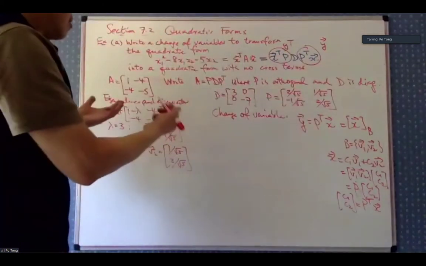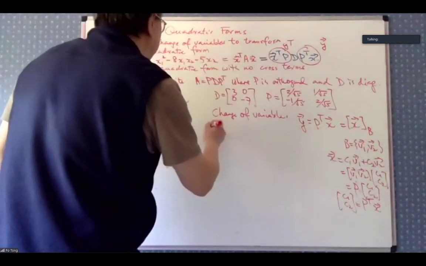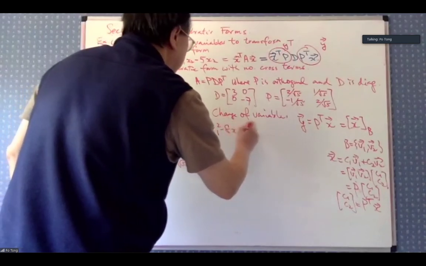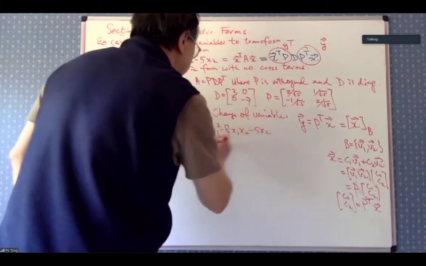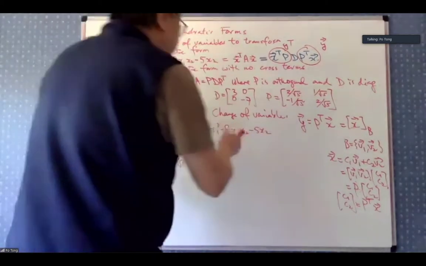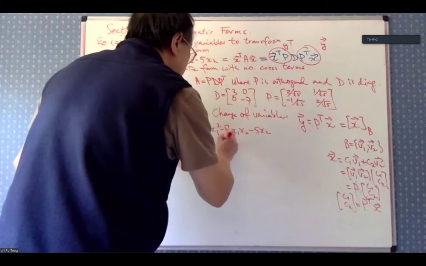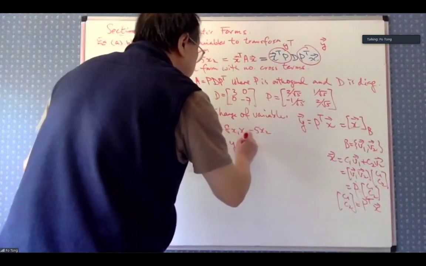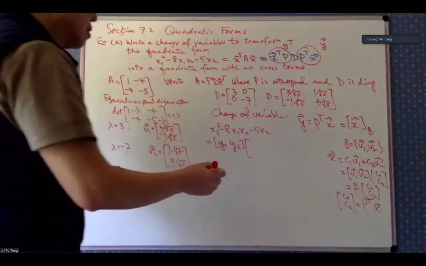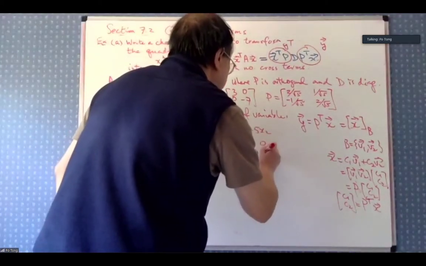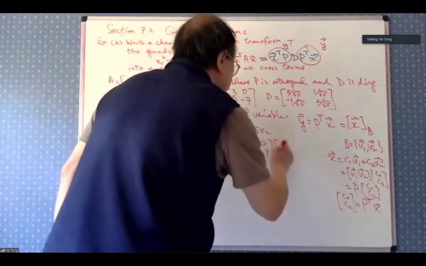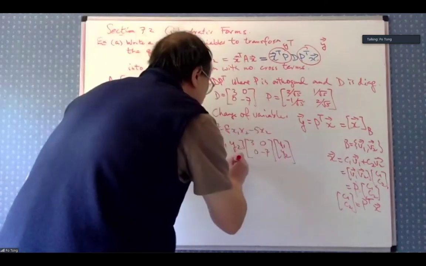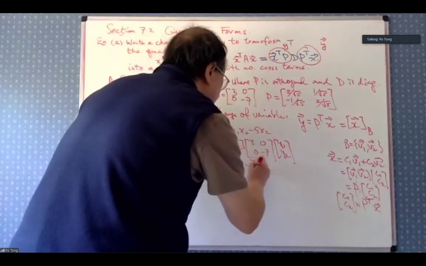So my original quadratic form can now be written as y1, y2 times the matrix D, 3, 0, 0, -7, times y1, y2, which becomes 3y1 squared minus 7y2 squared.